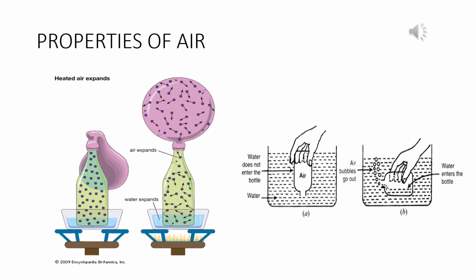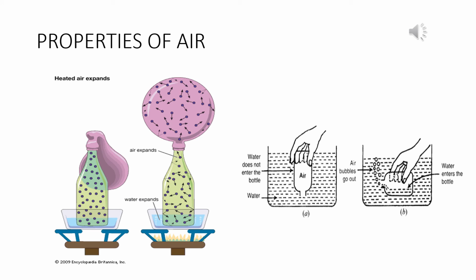Now when the water is heated, the air present inside the glass bottle is also heated, and it expands, that is, it increases in size, and the balloon also expands because the expanded air has traveled inside the balloon, and the balloon swells. So this experiment explains that air expands upon heating.